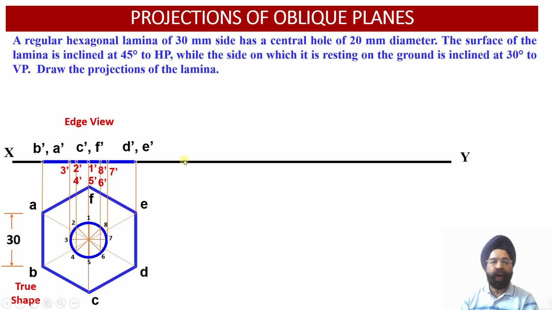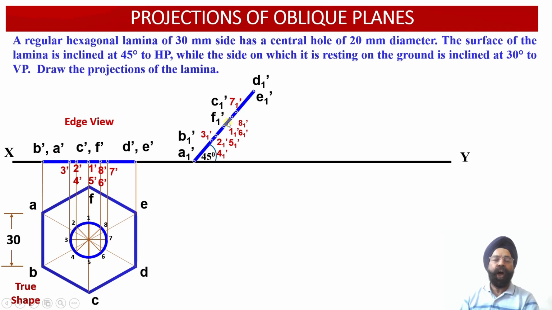So now we have to draw an orientation line at an inclination of 45 degree with respect to the horizontal plane in such a way that all of these 14 points which have been located onto the edge view, maintaining the same distances between the points, will be projected alongside this orientation of 45 degree, and we are able to obtain 14 points alongside this particular edge view, which is being carried forward from the previous front view projections which we had drawn earlier.